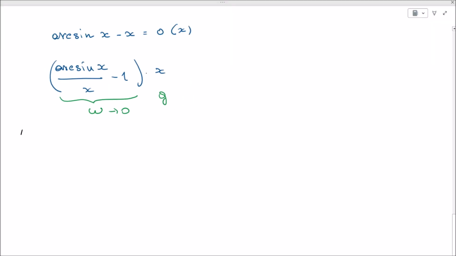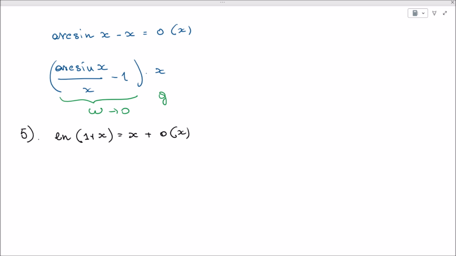More interesting is this expansion 5. We want to expand logarithm of 1 plus x into x plus little o of x. Remember that all these are valid for x that goes to 0.